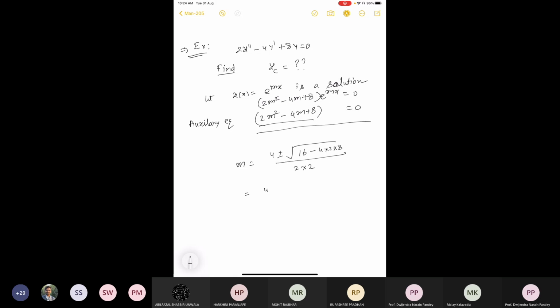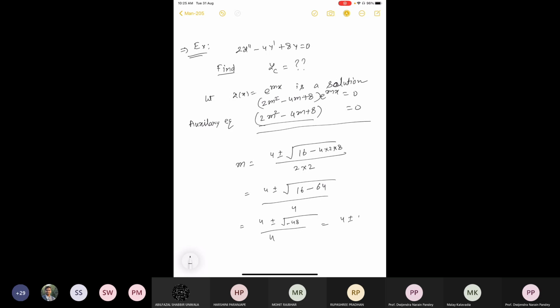So you get 4 plus minus the square root of 16 minus 64, upon 4. So what is this? 48. Minus 48.